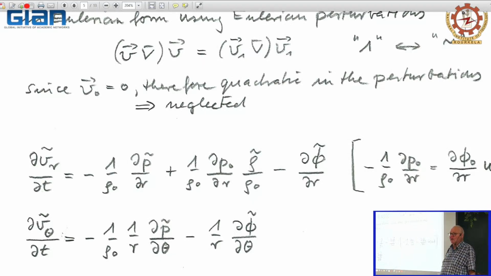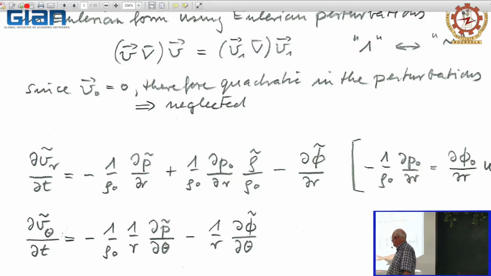Of course, we have now not only one component, because we consider three-dimensional perturbations which also depend on angle theta and phi, and at the same time we do not only have one component of the velocity vector but three components. Clear?